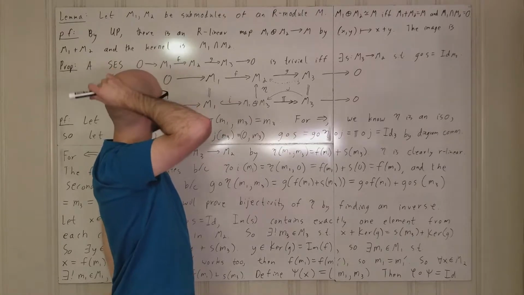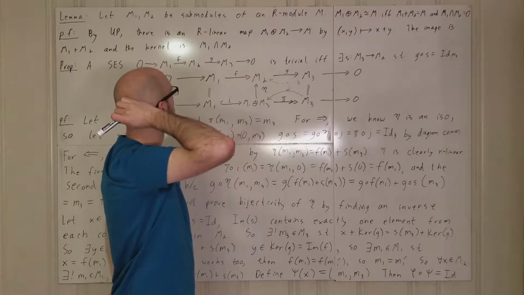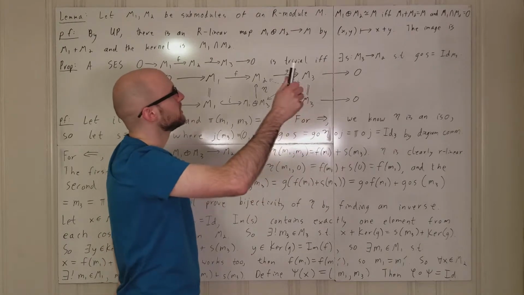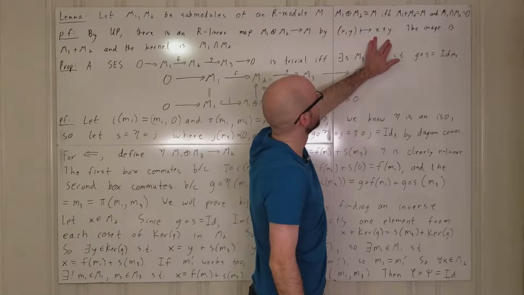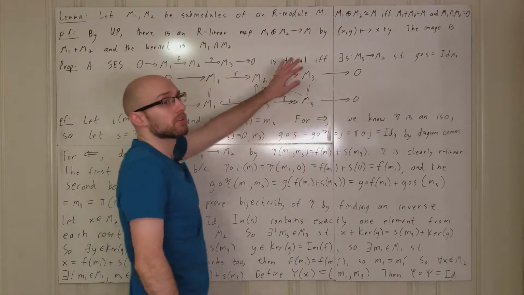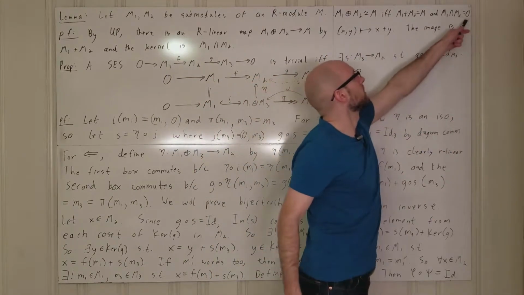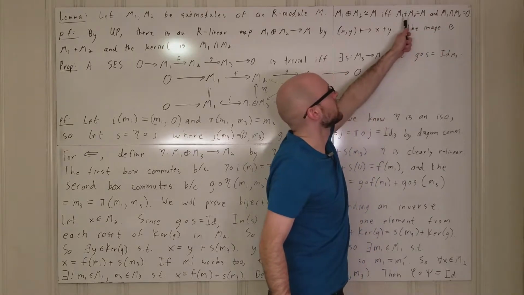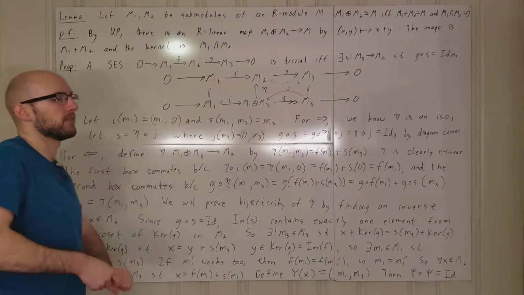It's an isomorphism if and only if the kernel is 0 and the image is everything. We know that the image is going to be M1 plus M2, and the kernel is always going to be M1 intersect M2. So the kernel is 0 and the image is M if and only if the kernel M1 intersect M2 is 0 and the image M1 plus M2 is M. So that takes care of the proof of that.